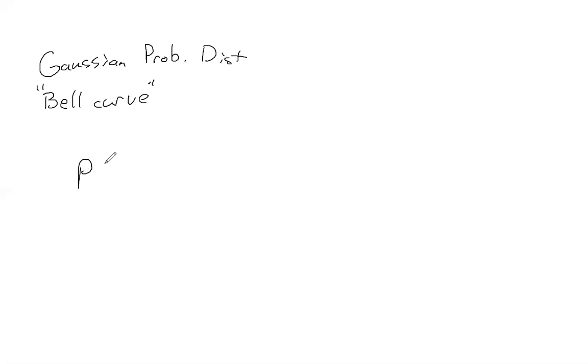And that's given, with one random variable, by some constant times e to the minus, I'm just going to call this a, times x squared. So that is the Gaussian probability distribution. It's an exponential with an x squared in it, multiplied by some normalization constant, as usual.